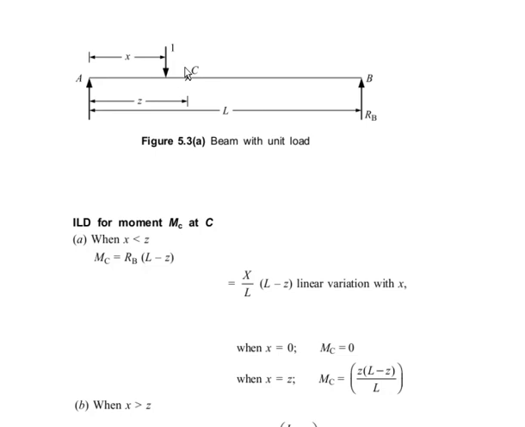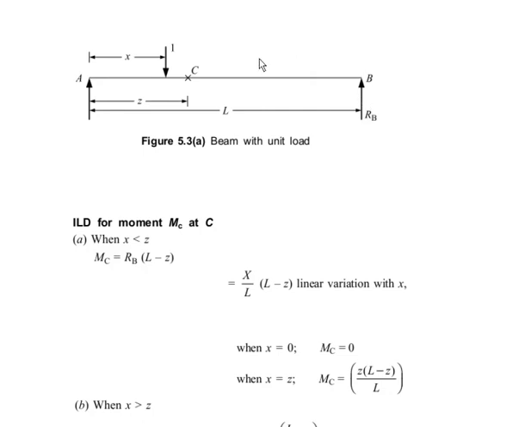Now our only concentration is the moment at C. In the first case, when x is less than z, the moment at C you can take from either the left side or the right side. Taking from the right side is easy because we need to consider only this force RB. So the moment at C is equal to RB into L minus z, since the distance between C and B is L minus z.